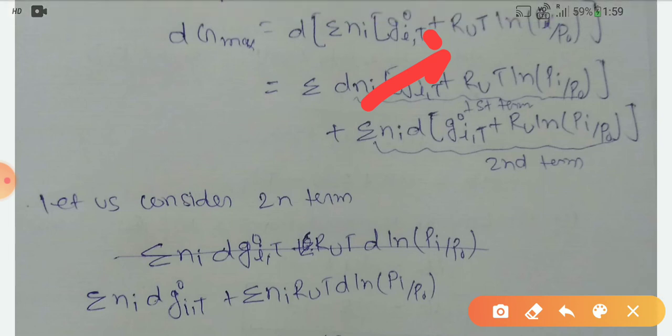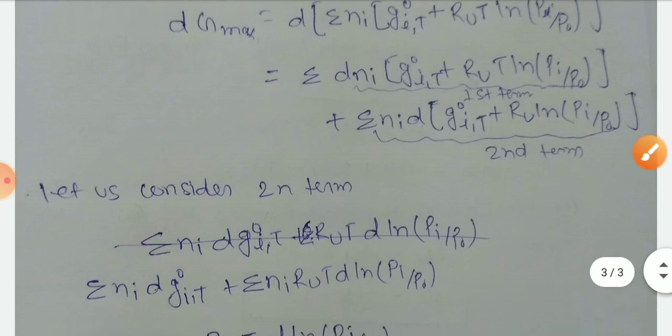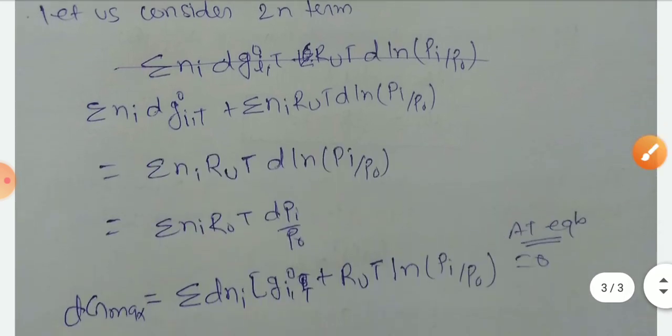So you can write the summation of Ni dGi naught at T plus the summation of Ni Ru T times the differentiation of ln Pi by P naught. Finally, the summation of Ni Ru T times the differentiation of ln Pi by P naught equals the summation of Ni Ru T times d Pi by Pi naught.